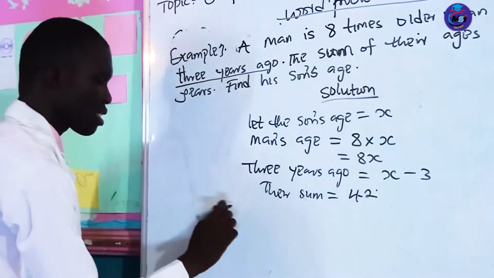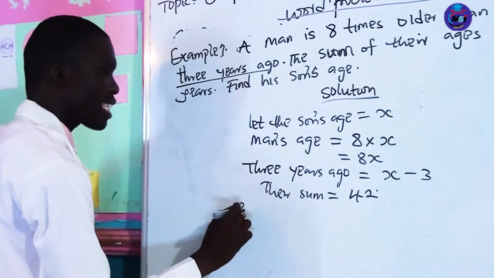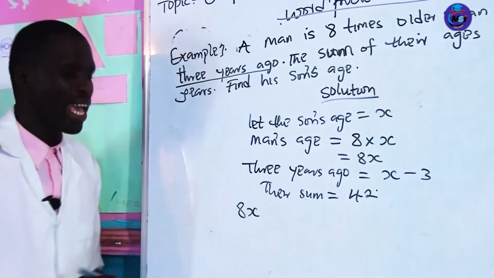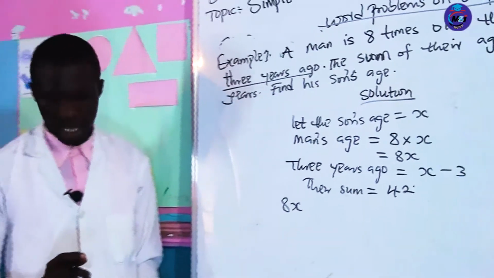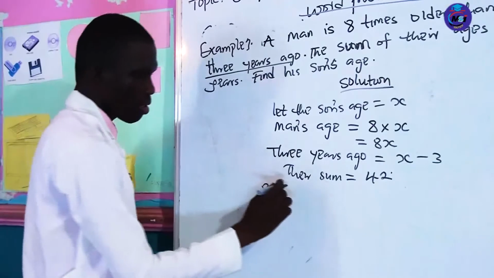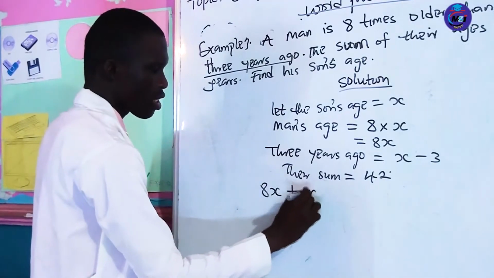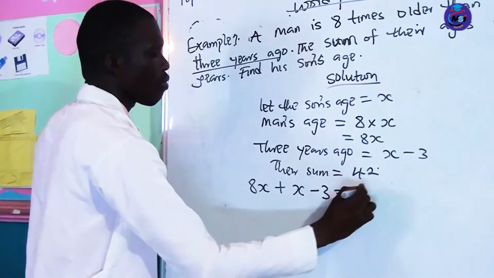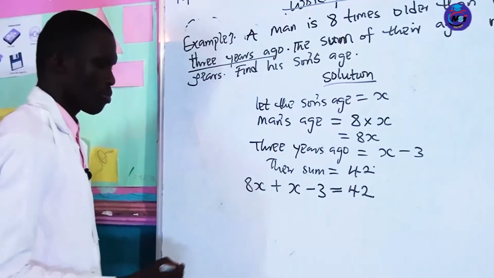Okay, we are going to add 8x, which is the age of the man, right, plus x minus 3 equals 42.